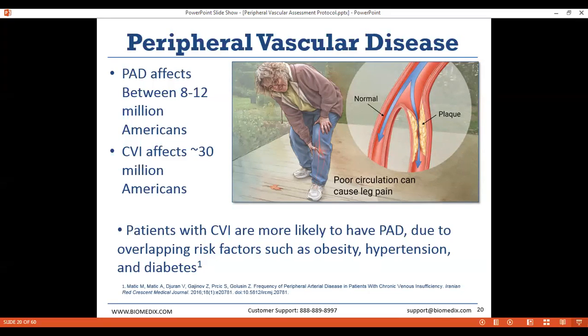And that just has to do with the linked nature of artery disease, especially in the legs, and just naturally overlapping risk factors. PAD and CVI are both more likely to develop in patients that have histories of smoking, obesity, diabetes, high cholesterol, hypertension, things of that nature.